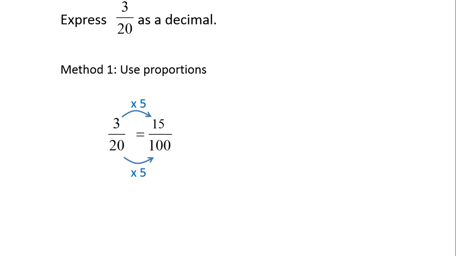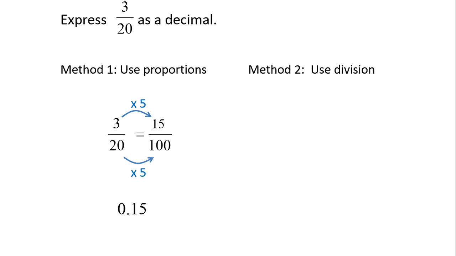Now what's important about 15/100ths is it's a fraction that has a denominator that's a power of 10, which means 15/100ths really represents a decimal number. And if we write that fraction 15/100ths as the decimal that it represents, 0.15, we've got 15/100ths written as a decimal as well. So 3/20ths is equivalent to 15/100ths.